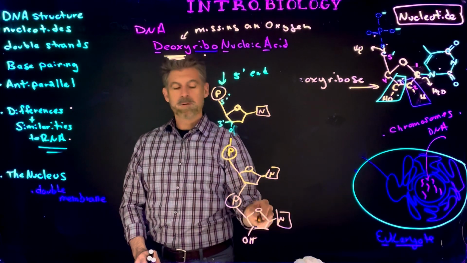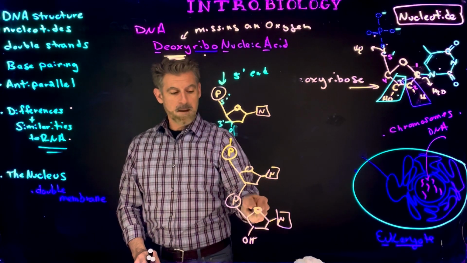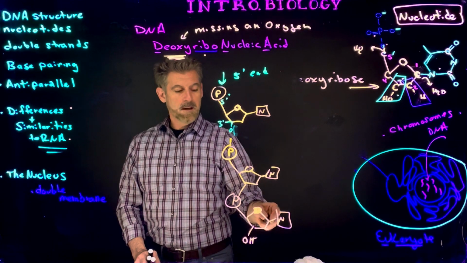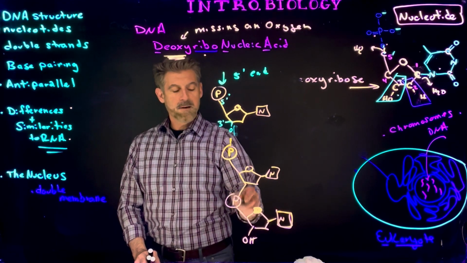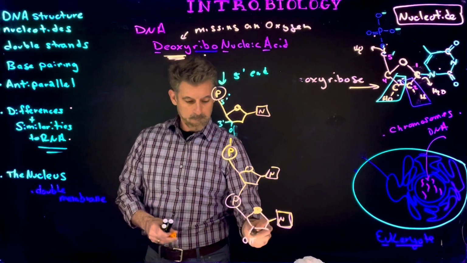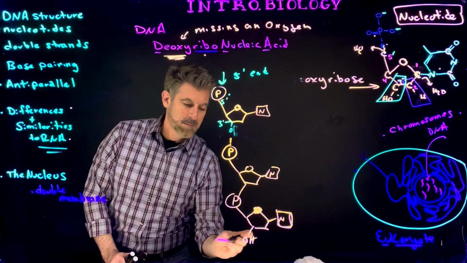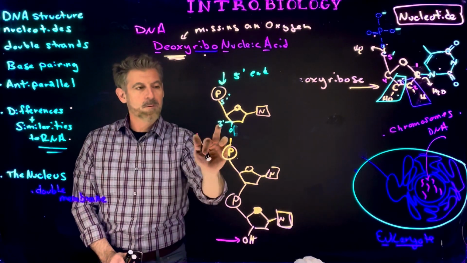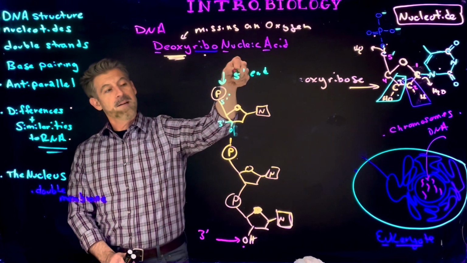Every time, I'm doing a little five-sided shape with the oxygen at the top here. That's the sugar. I'm drawing a little nitrogenous base over here, a phosphate sticking off it. It makes it a little bit easier when you see a couple in a row. This is the 3' end. This is the 5' end.